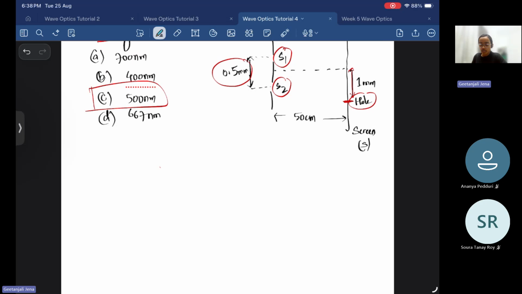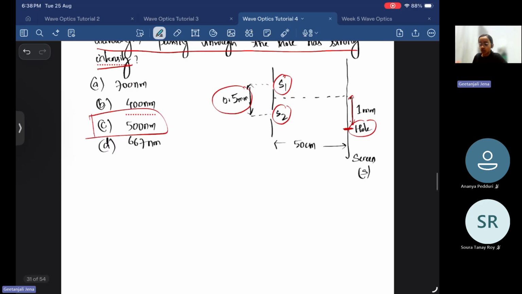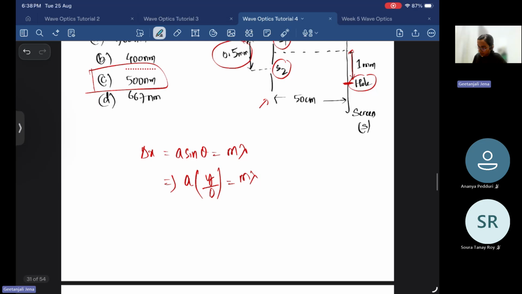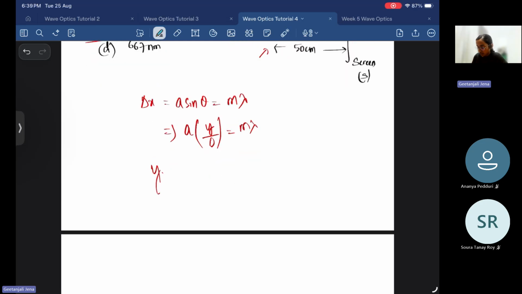The path difference for Young's double slit experiment, with no glass slab present in front of the slit (if there were, the path difference would change, but here we don't have that), is a sin theta, which should be m lambda. Sin theta is y by d, so the condition for constructive interference that we have seen earlier is m lambda d by a.